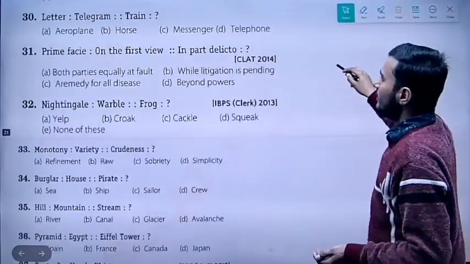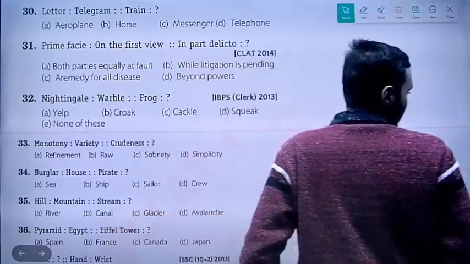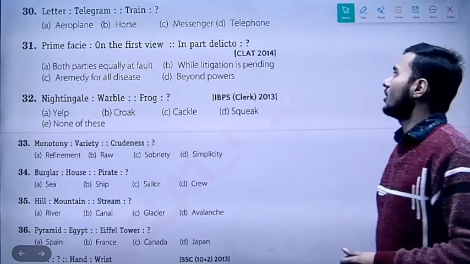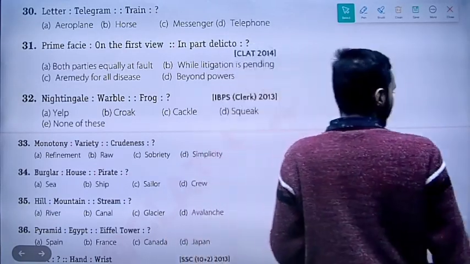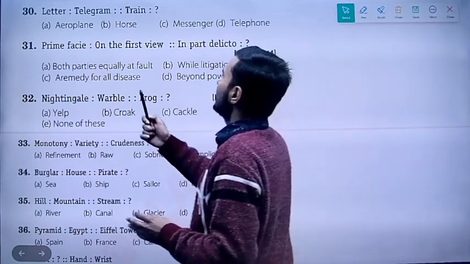Next question, letter is equal to telegram, then train is equal to what? The options are: option A aeroplane, option B horse, option C messenger, option D telephone. See, what are letter and telegram both?